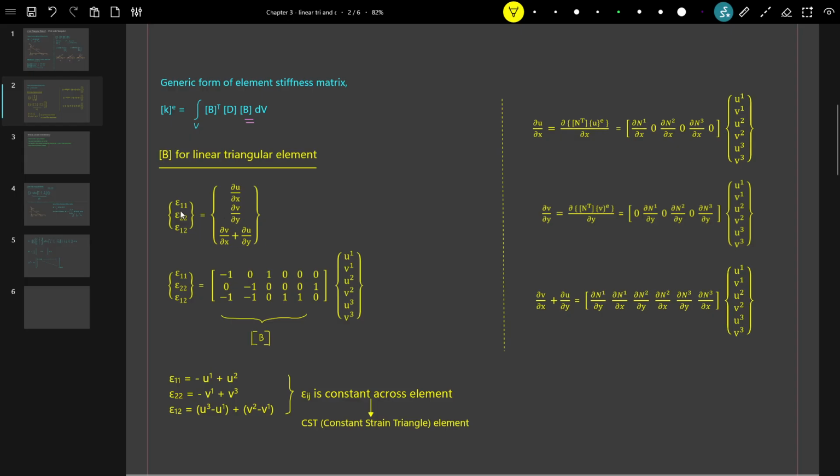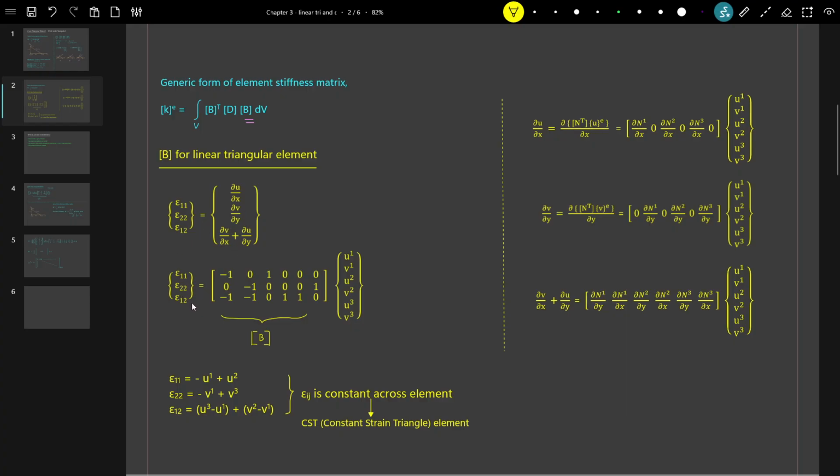So epsilon 11 and epsilon 22 are normal strain components, and this is our shear strain component. And epsilon 11 is equal to dou u by dou x, meaning x displacement in the x direction. This is y displacement in the y direction. This is y displacement in the x direction plus x displacement in the y direction.